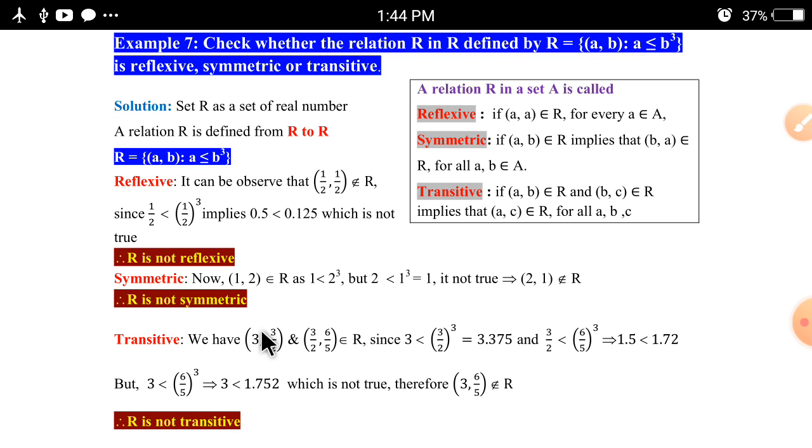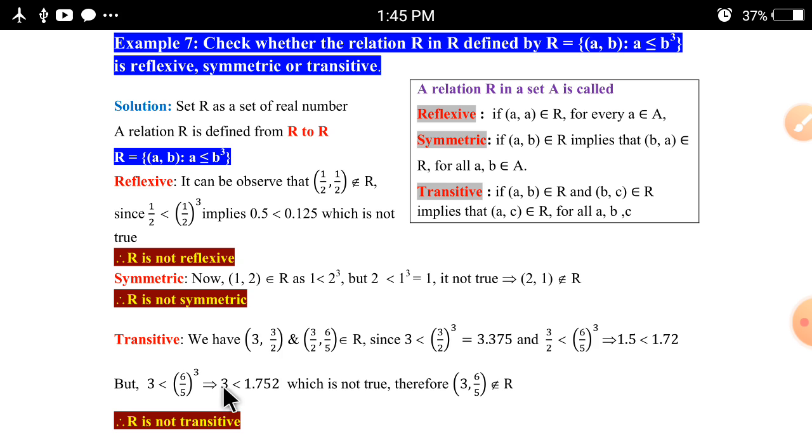But we can check what about (a, c)? (a, c) is (3, 6/5). Is (3, 6/5) in the defined relation R? Now check it. Is 3 less than (6/5) cubed?